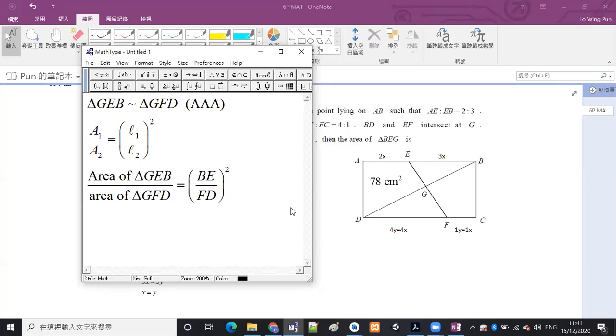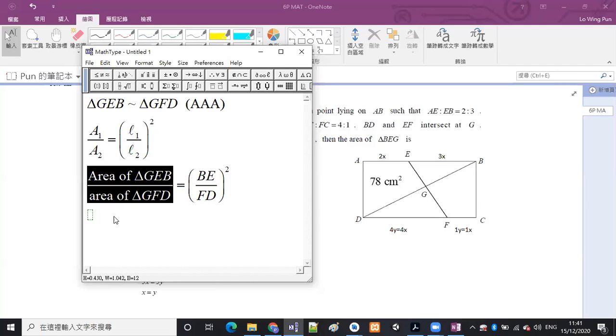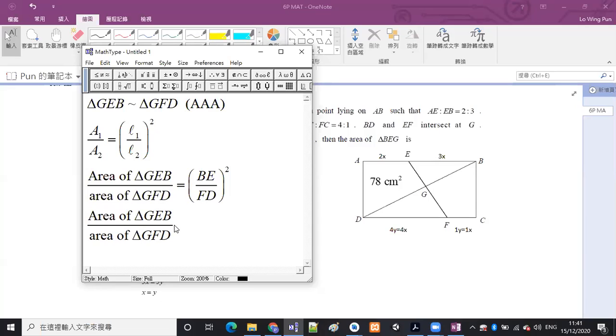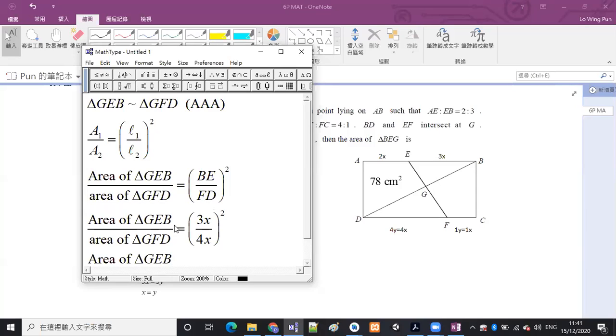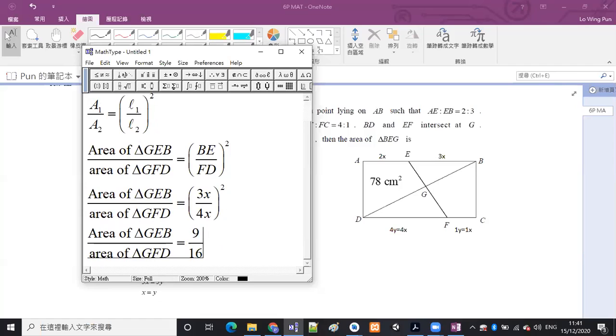Because we know that BE is equal to 3x and FD is equal to 4x, this area ratio is equal to 3x over 4x bracket square. The x will be cancelled by each other, so this ratio is equal to just 9/16.